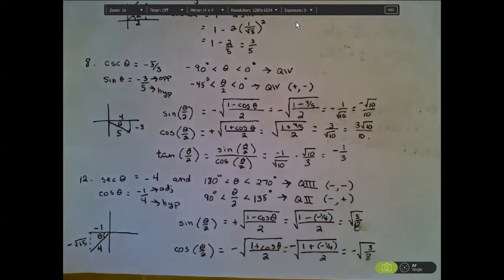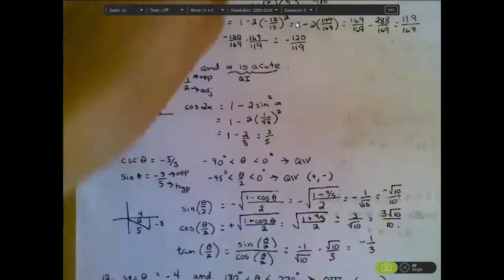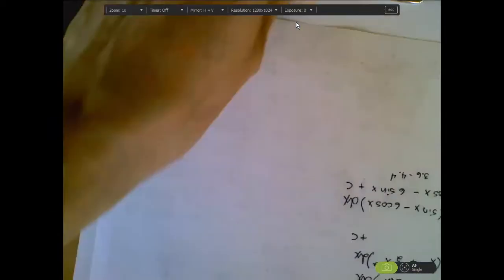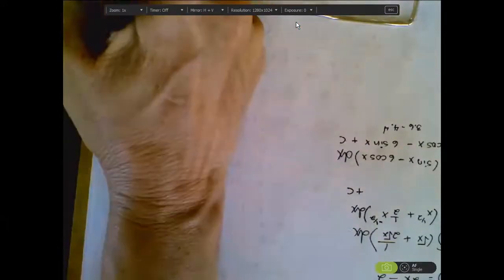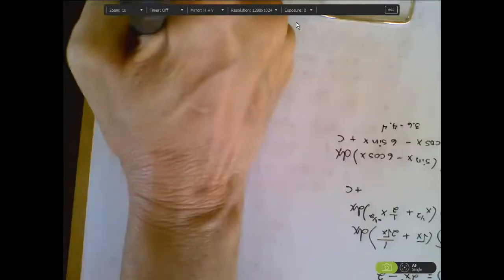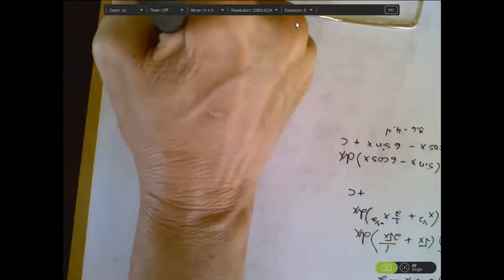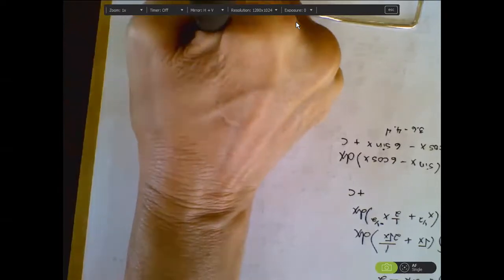All right, there's only one other thing I need to show you, and it's number 16. Number 16 has parts A, B, and C, and part A is find cosine of 165 degrees. Find the exact value of cosine of 165 degrees.